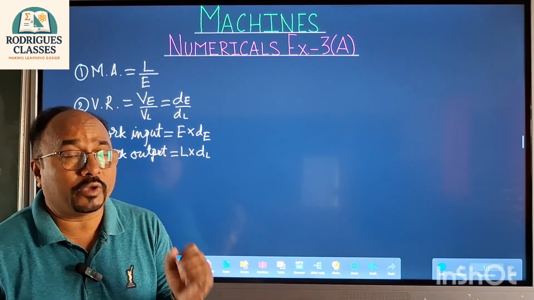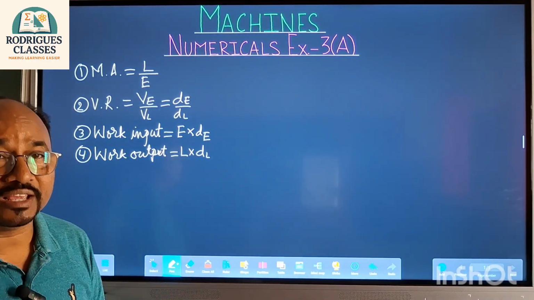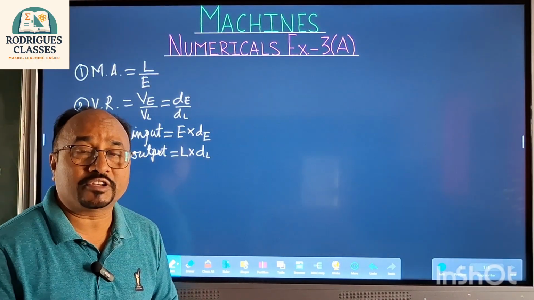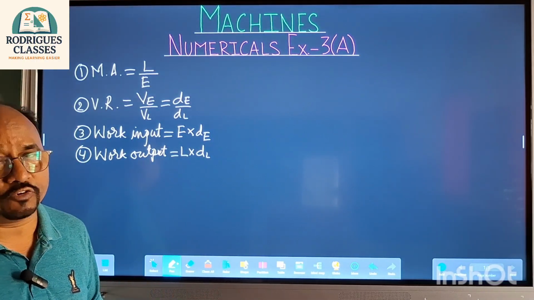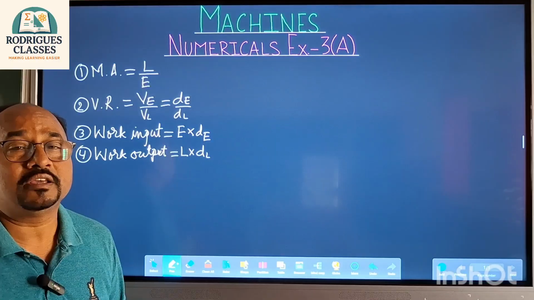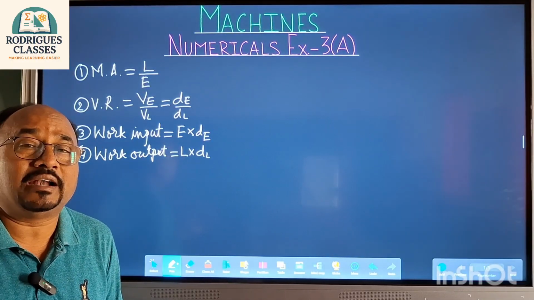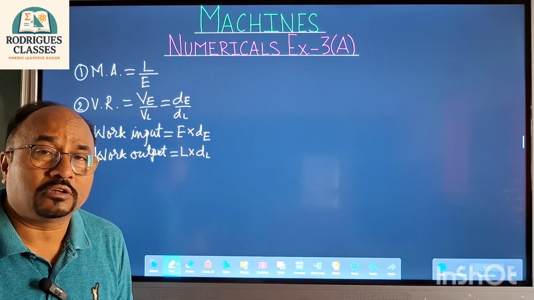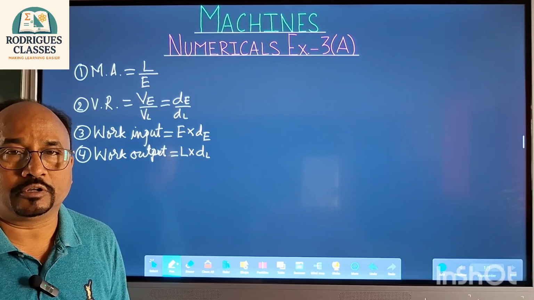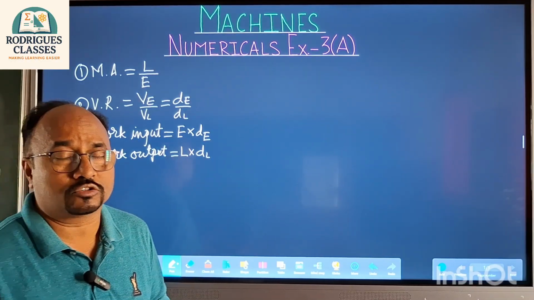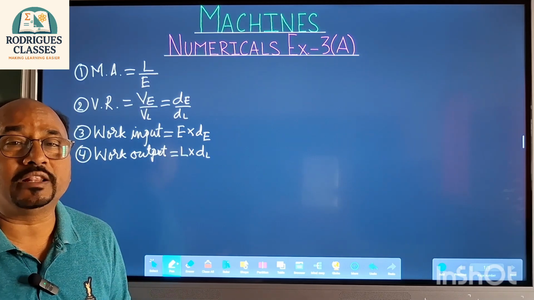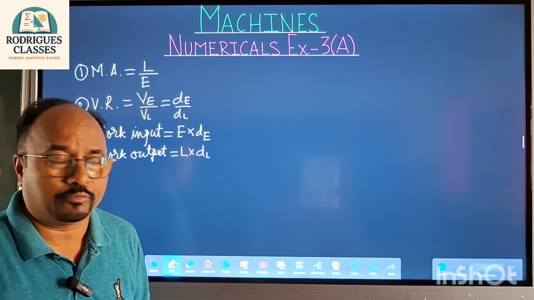Then a very important term comes now, which is efficiency. Efficiency means how effective that machine is for us. It will always be decided based on the ultimate work output as compared to the work input. The better the work output, the more the efficiency. So it is a relationship between the work output and the work input.